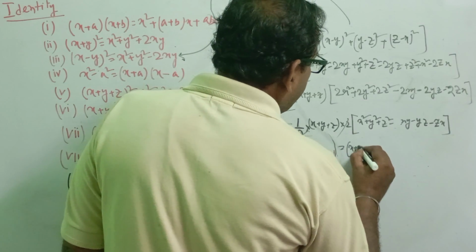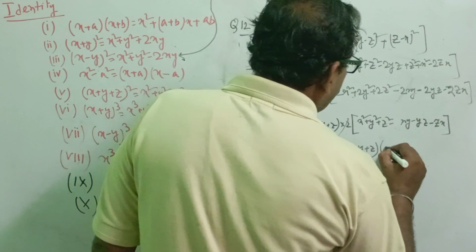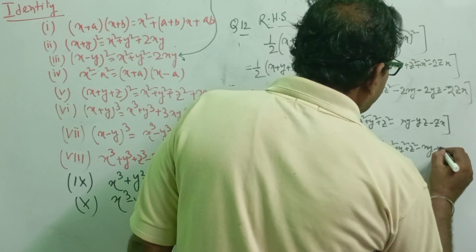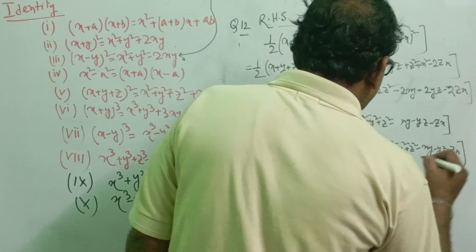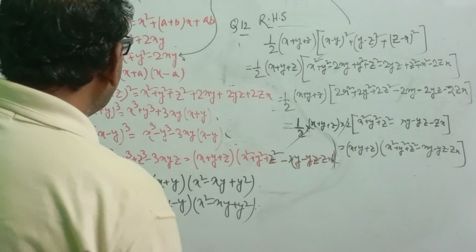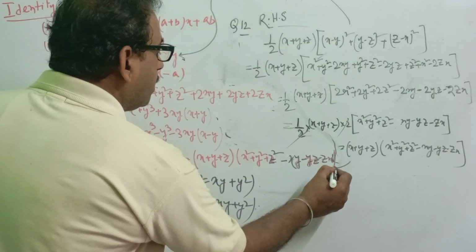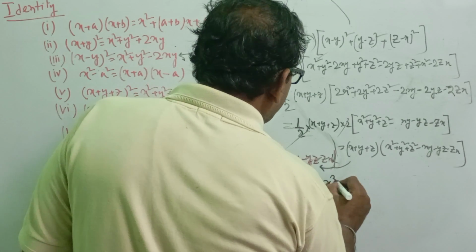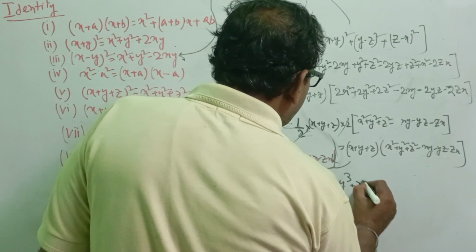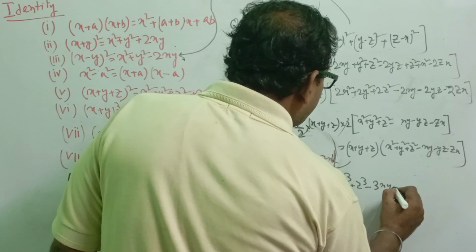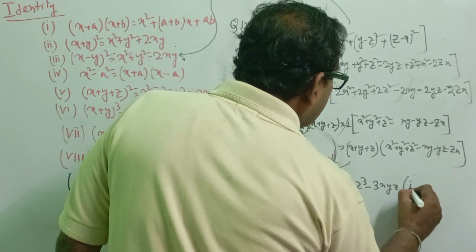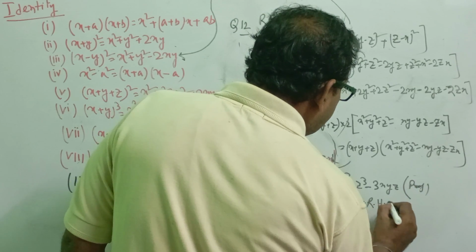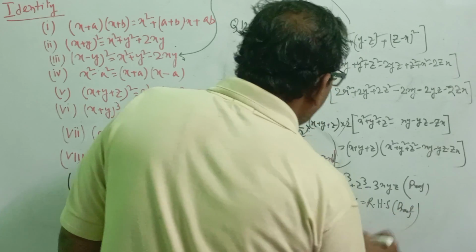Ultimately it comes x plus y plus z into x square plus y square plus z square minus xy minus yz minus zx. Now which identity are we using? This identity will come. Now what is the value? This is x cube plus y cube plus z cube minus 3xyz. It is proof. What is proof? LHS is equal to RHS. Proof.